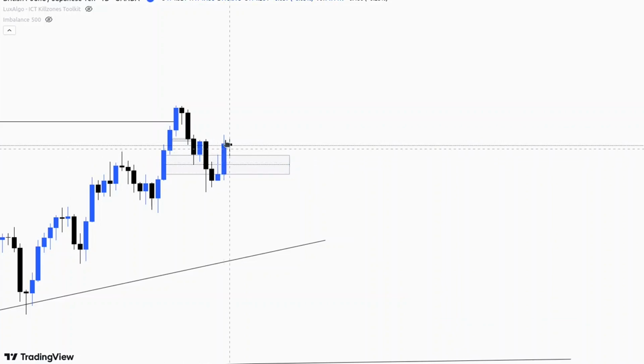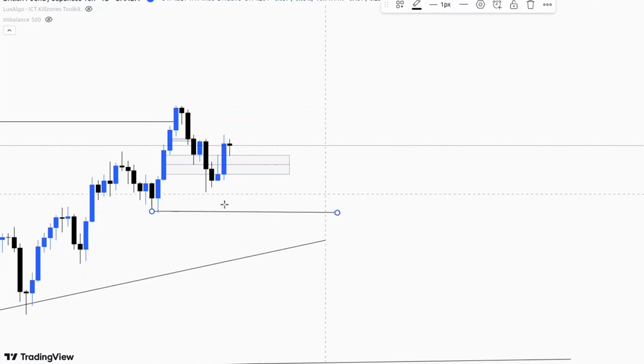When price returns and closes above that fair value gap, it is not a clear signal for me to trade, so I normally stay out of that. I would then look for price to possibly come to this range, then take this range. If price should come and take this range, then I'll re-enter from that zone, but I cannot enter trades from here. So let's see how price does that.